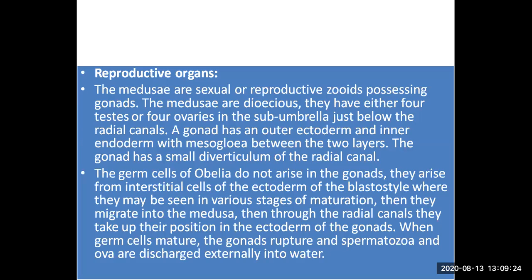Then they migrate into the medusa through the radial canal and take up a position in the ectoderm of the gonads. When germ cells are mature, the gonads rupture and spermatozoa and ova are discharged externally into the water.